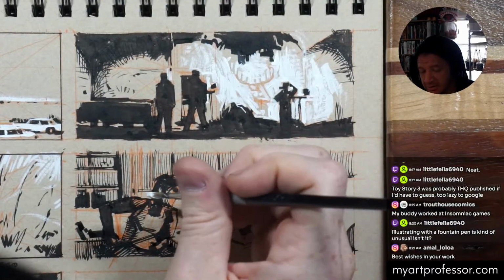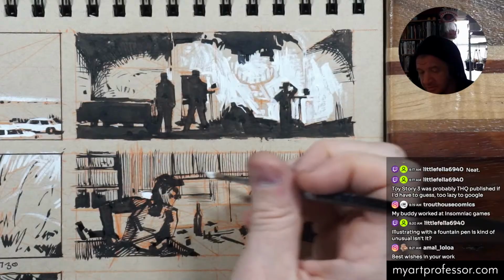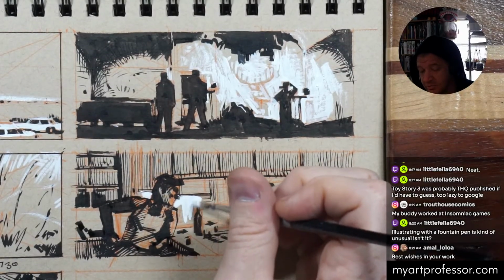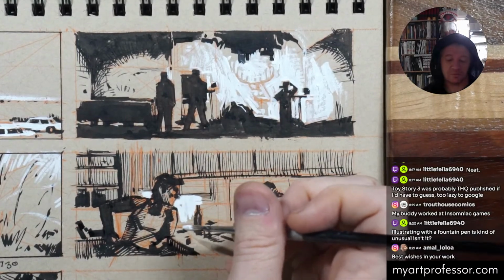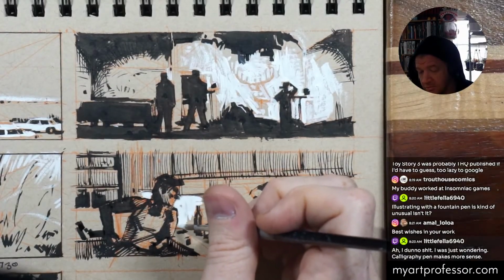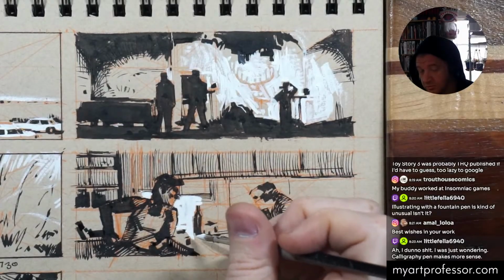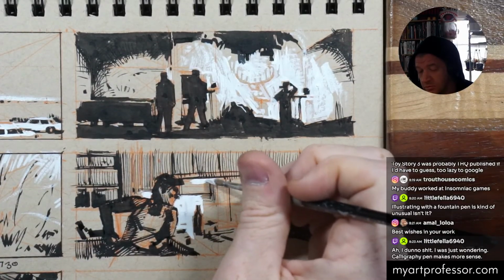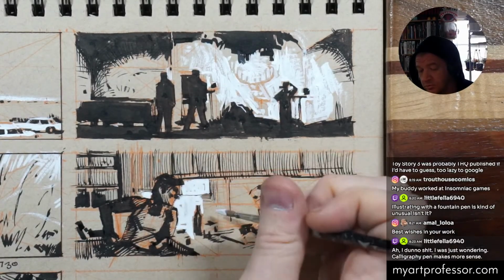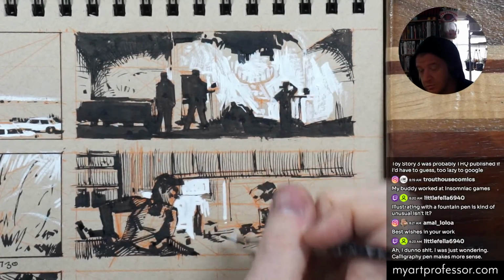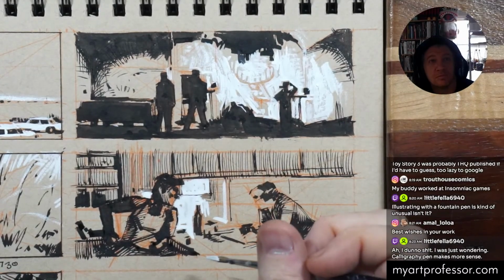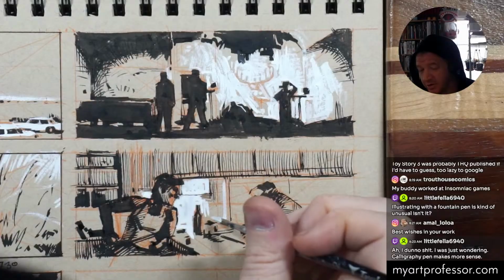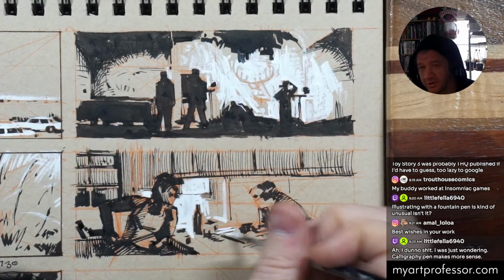Let's get some light on there. Yeah, you see people draw with all kinds of tools for inking.